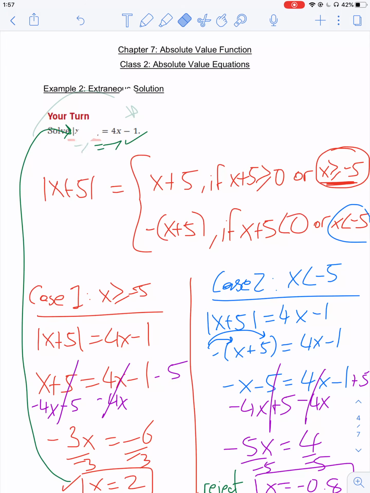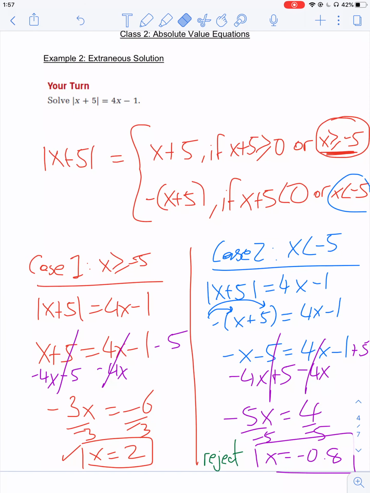Now, what about if I plug in minus 0.8? I will actually need a calculator for this. So just give me 1 second. Minus 0.8 is obviously not going to work. Okay, so let's just do this up here. So I'm just checking. Minus 0.8 plus 5, that's minus 4.2.